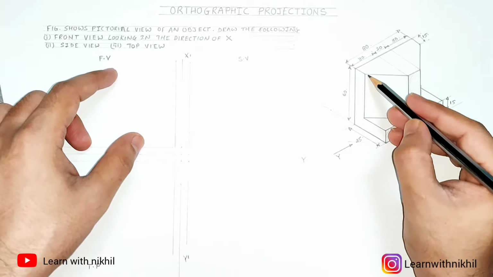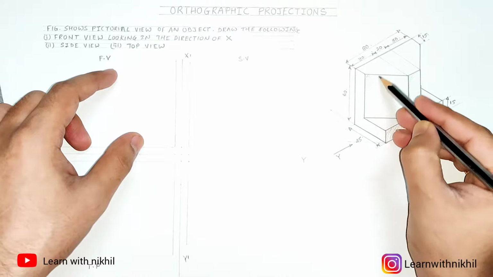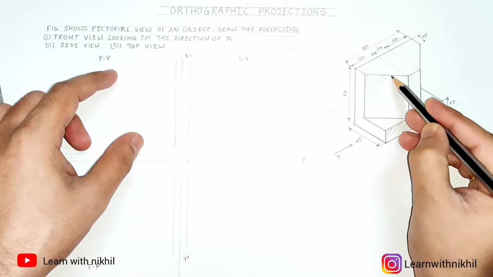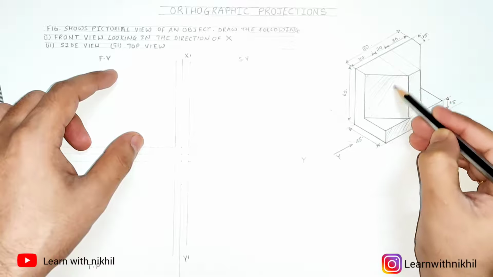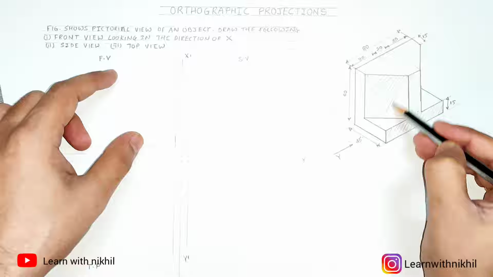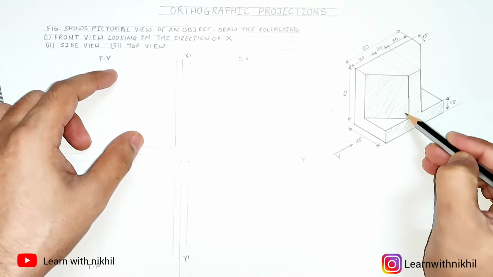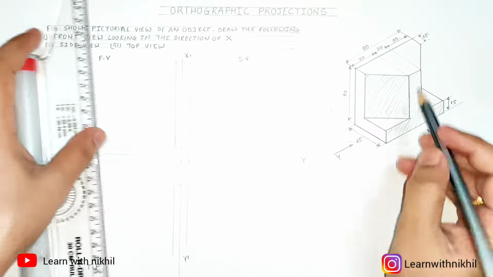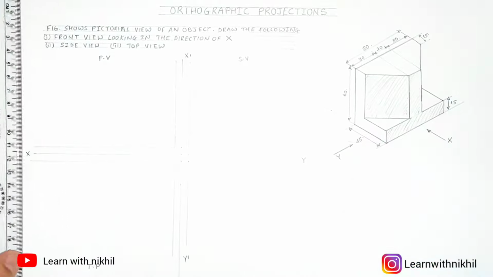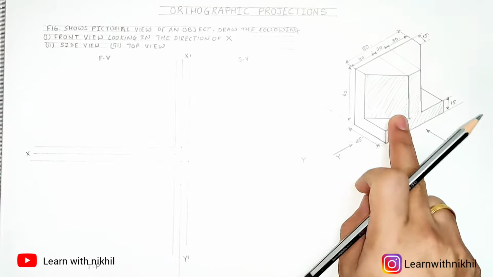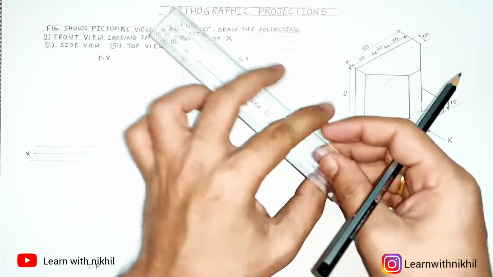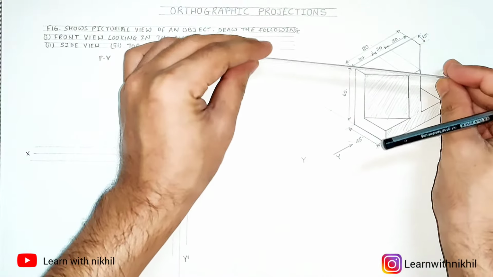This slanting part will look like a rectangle from the front view. So the slanting part from the front view looks like a rectangle. So this highlighted part is visible from the front view.